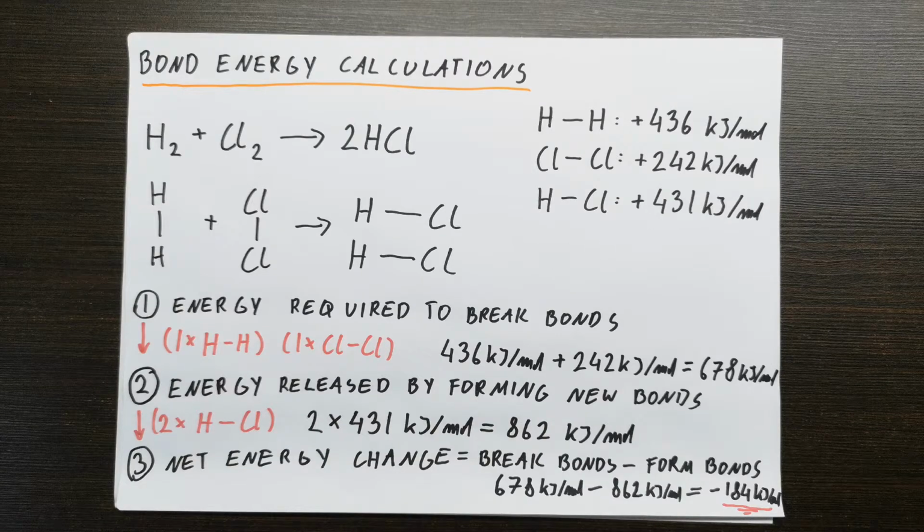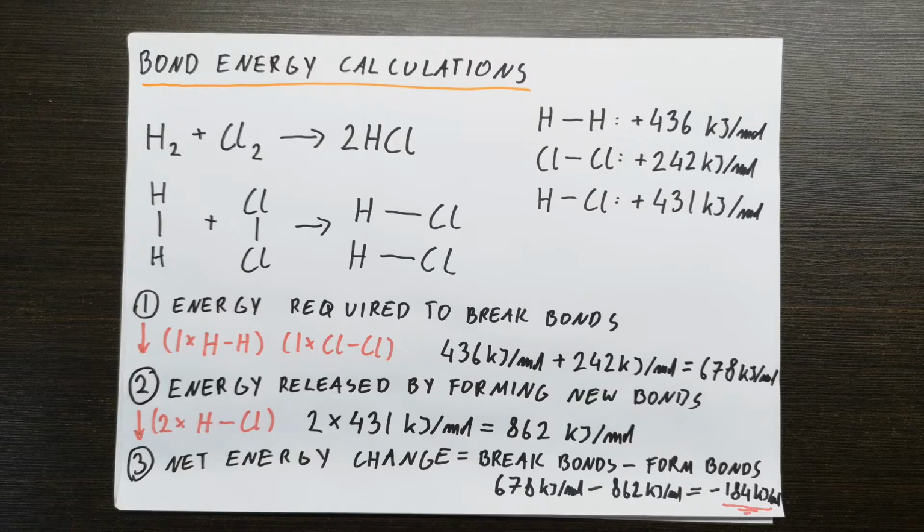We don't have all of that trapped in those bonds anymore. So the value is negative because it's energy release. We are losing that energy from the system. It's not trapped inside the bonds anymore. It's released, which is why the value is negative. That's the way I like to think about this.